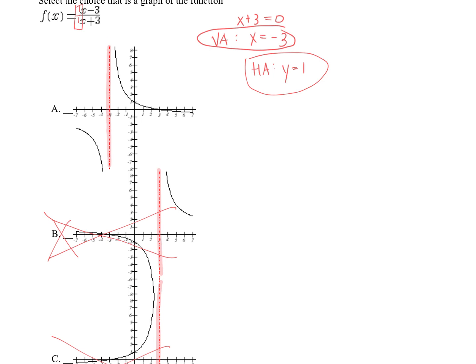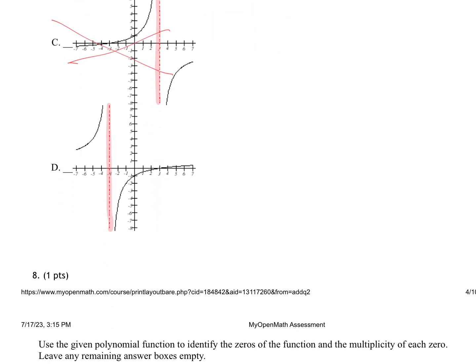Here, if you look, it looks like this line goes down below the axis. So if I'm looking for a horizontal asymptote at 1, this one goes right through that. So this one's not a good candidate. So let's look at D. If I'm looking for a horizontal asymptote at 1, it fits nicely between what's drawn. So choice D is the one that we would pick.